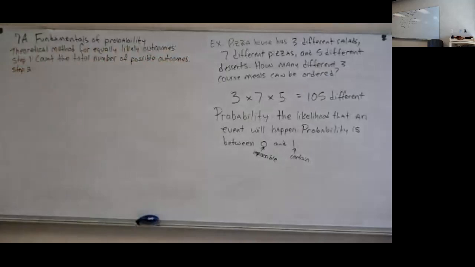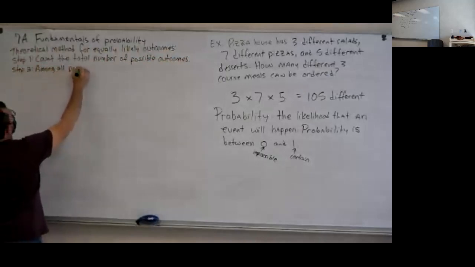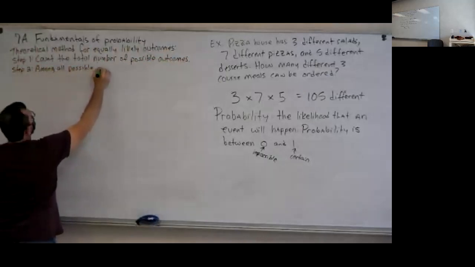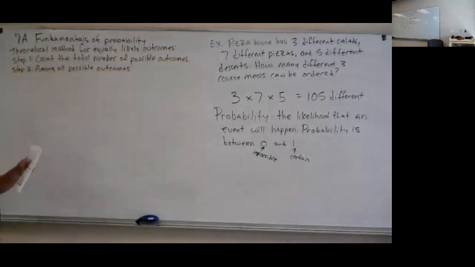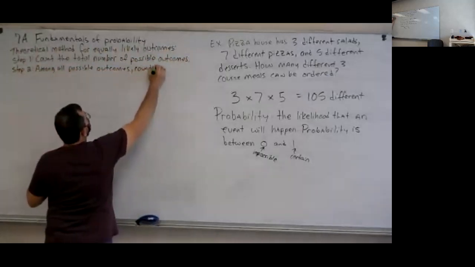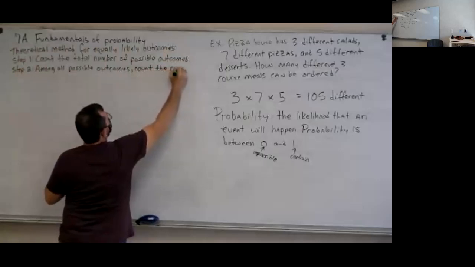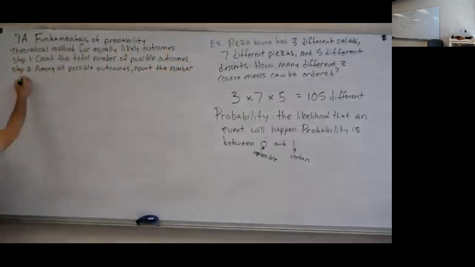Now, among all the possible outcomes, count the number of ways that the event of interest A can occur.